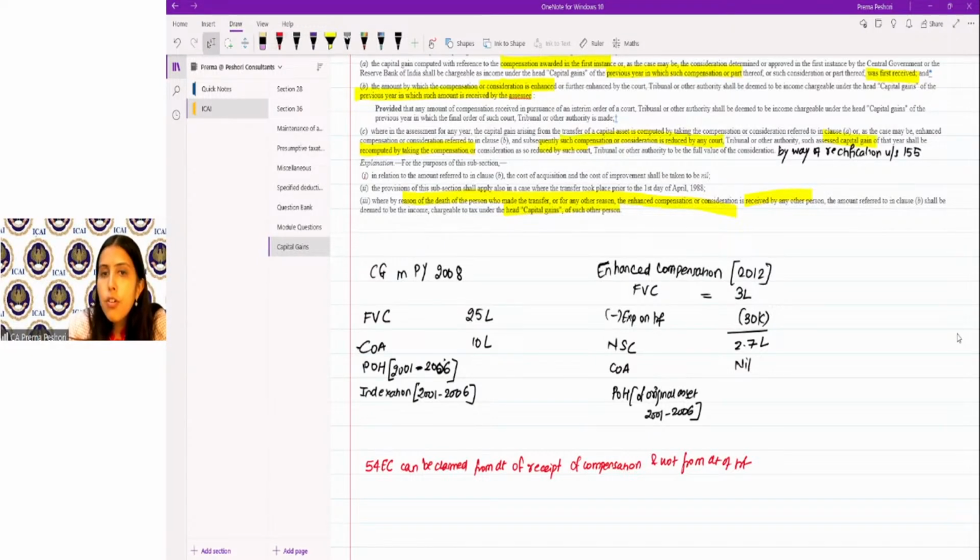This is also true for the enhanced compensation. For the interest on the enhanced compensation, say I have received interest on the enhanced compensation, that will be chargeable under the head income from other sources. Are we clear? That will be chargeable under the head income from other sources.